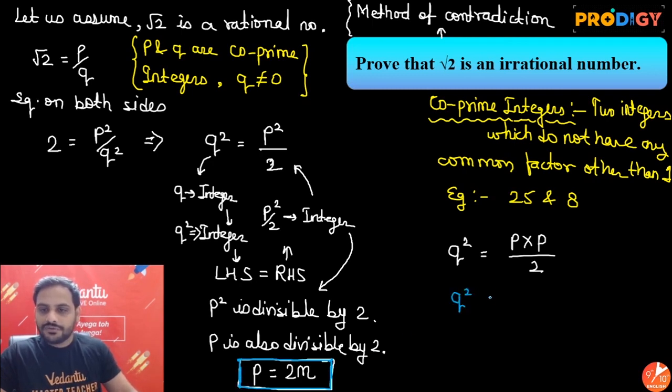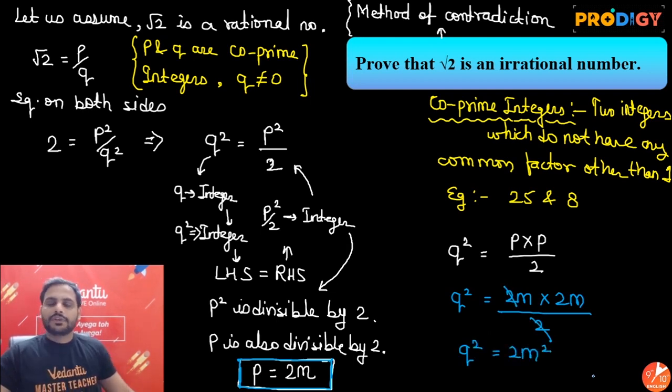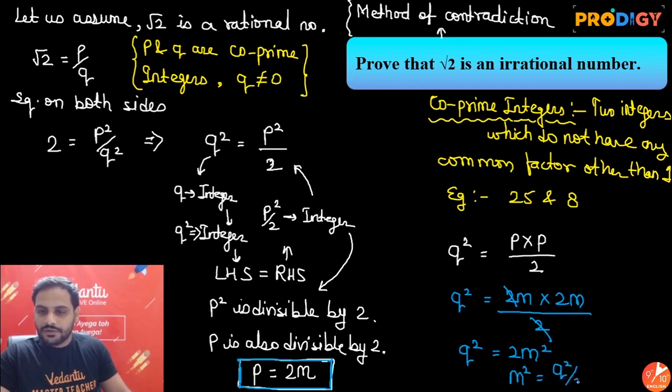So I will get q square is 2m into 2m by 2. Now see, the 2 and 2 got cancelled. You got q square is equal to 2m square, and if I shift this 2 over there, I will get m square is equal to q square by 2.